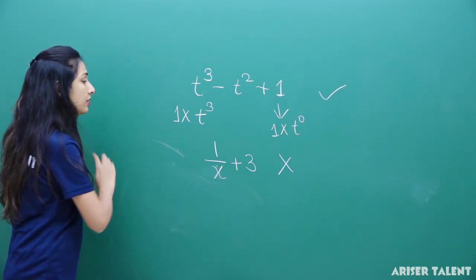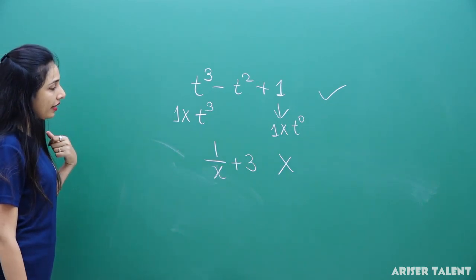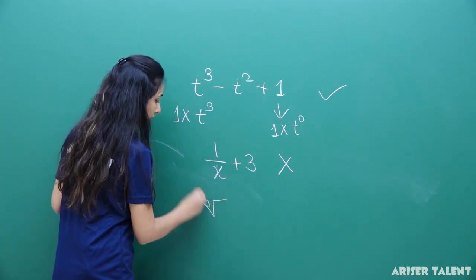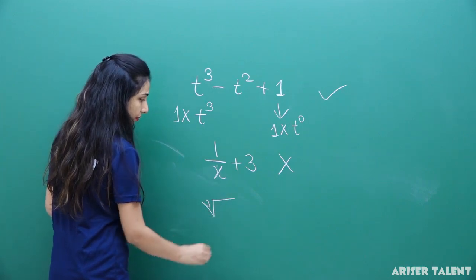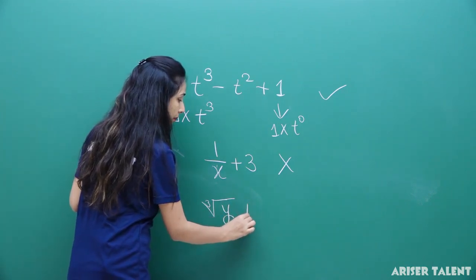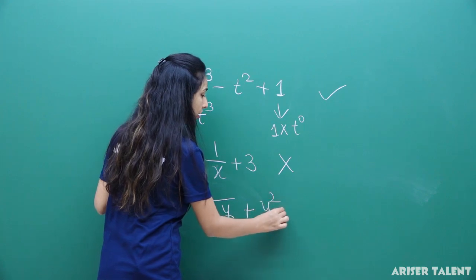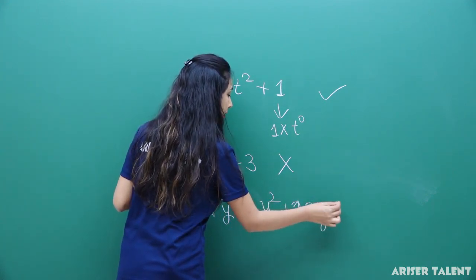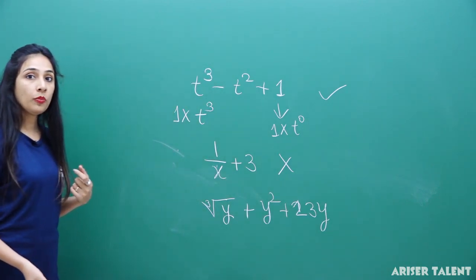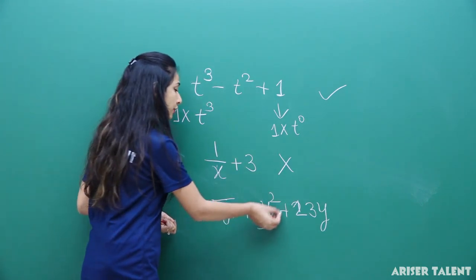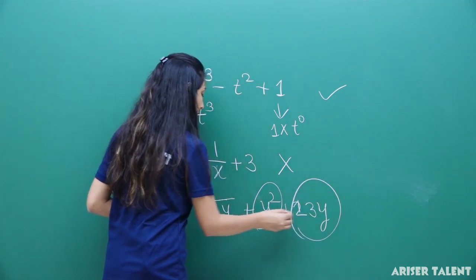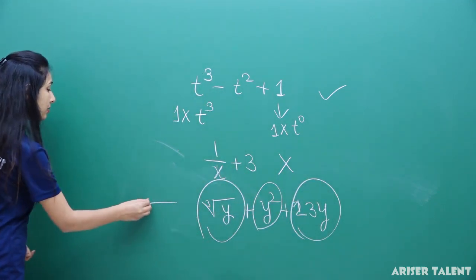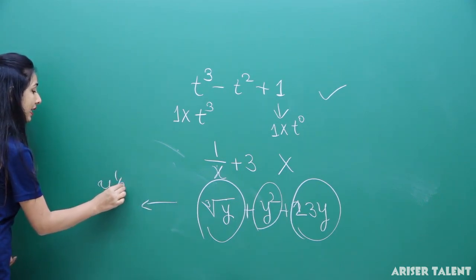Again, if we are having something like cube root of y plus y square plus 23y, is this a polynomial expression? This is a term for sure, this is a term for sure, but if I talk about this cube root, that means y is to power 1 by 3.